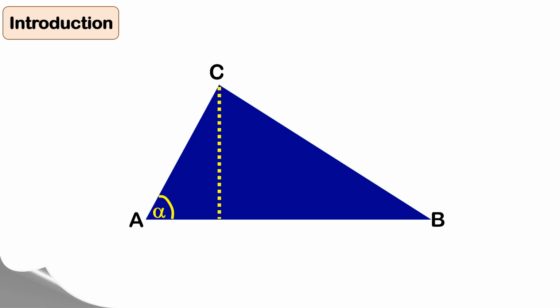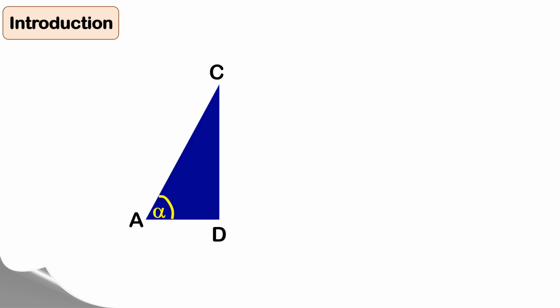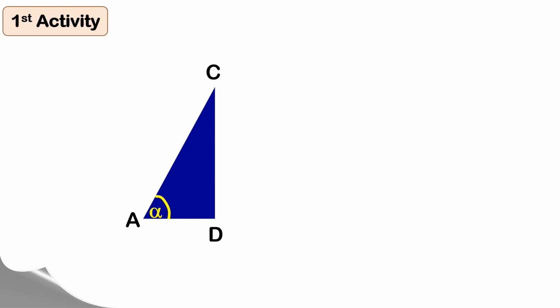The intersection point between the height line and line AB is marked with D. We cut triangle ABC across the height line, split it into parts, and take the right triangle ACD. Based on the angle alpha, CD is the opposite, AD is adjacent, and AC is the hypotenuse.